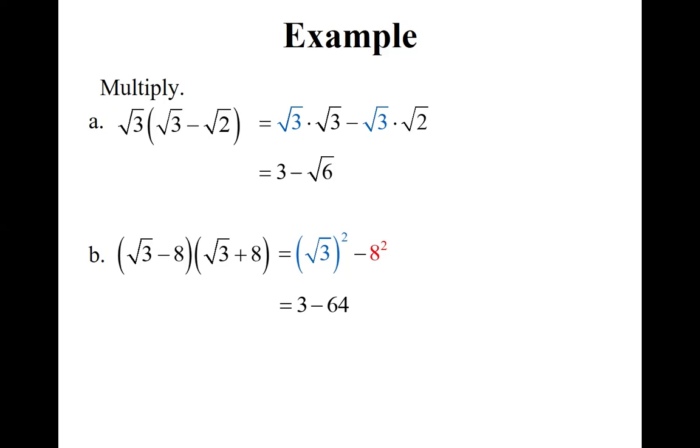Doing so gets rid of all radicals in the problem, leaving us with a numerical answer, that negative 61. So if we multiply something by what is called its conjugate, the radicals go away.